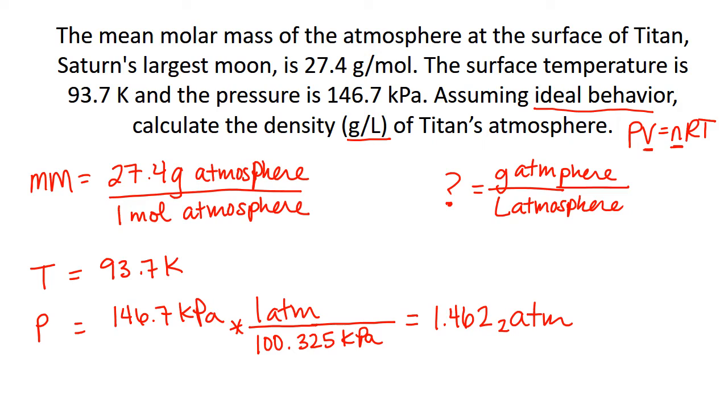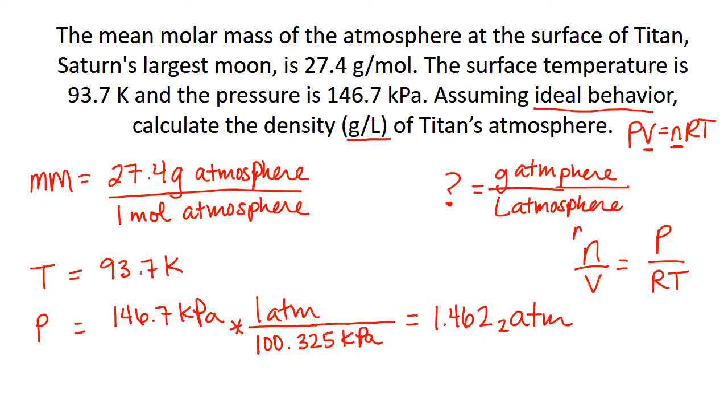So I can rearrange this equation so that I have n over V, and that's going to equal P over RT. I've just divided both sides by the volume and by RT. So n over V equals P over RT. If I solve for this, this will give me moles per volume, right?